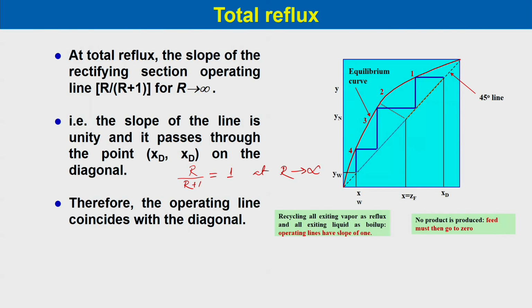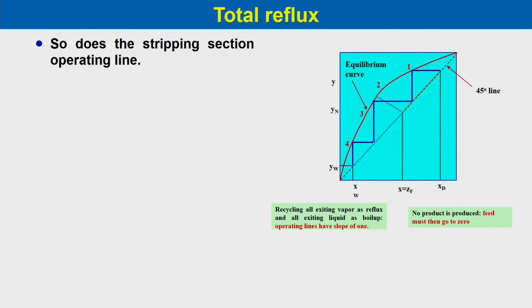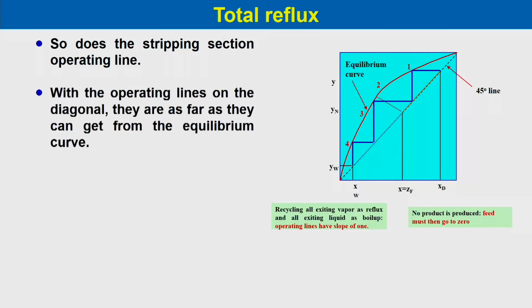Therefore, the operating line coincides with the diagonal. So, both the rectifying section as well as the stripping section operating lines will fall on the 45° diagonal.